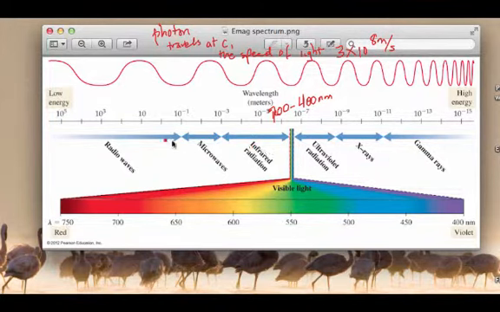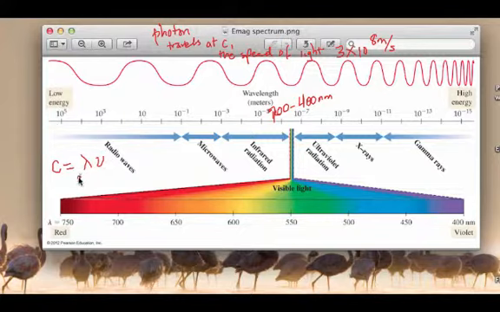All of these types of radiation are composed of photons that travel at the same speed. However, the wavelengths change and the frequencies change. Wavelengths and frequencies are related to c, the speed of light, as the speed of light is the wavelength times the frequency.